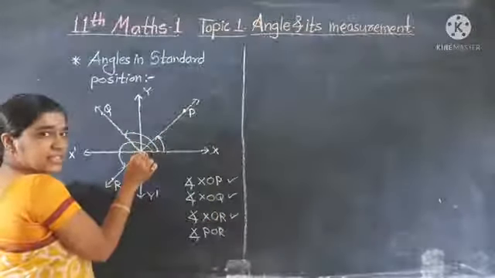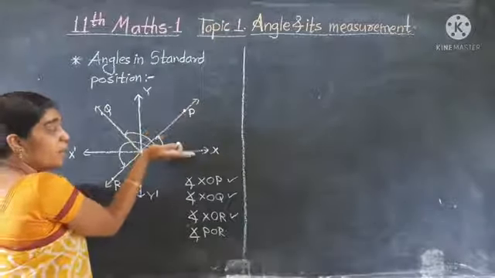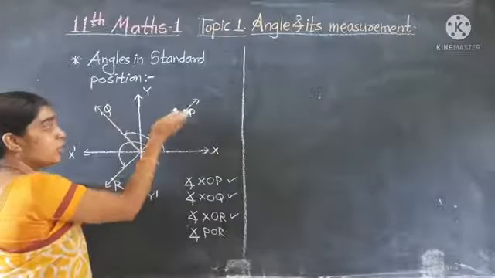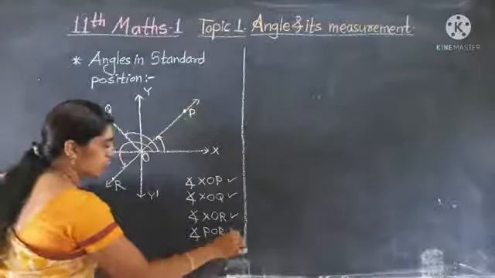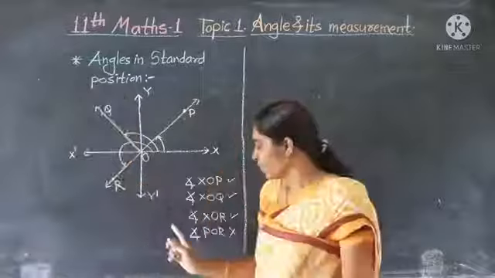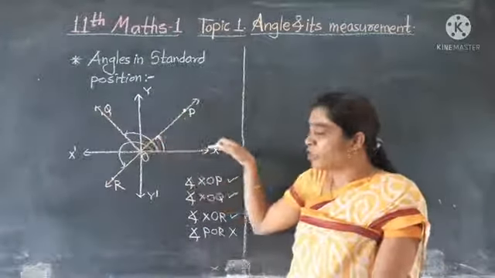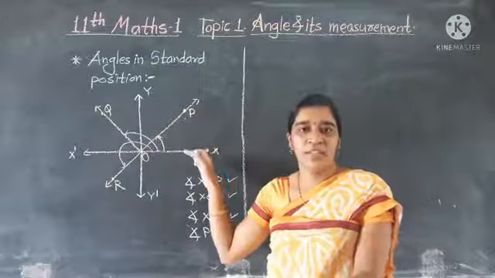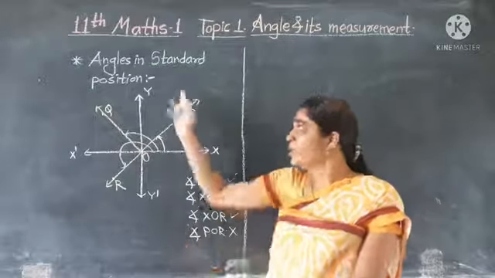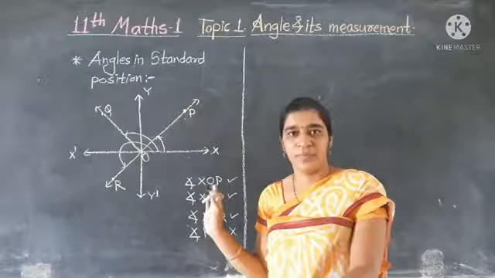Its vertex is at origin, but its initial arm is not on the positive x-axis. It is in the quadrant. So it is not an angle in standard position. Okay. कारण त्याचा initial arm positive x-axis वर नाही, म्हणून हा standard position चा angle होणार नाही.